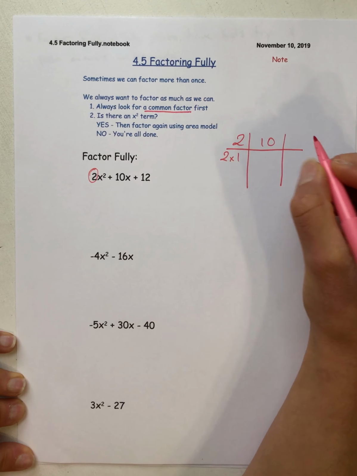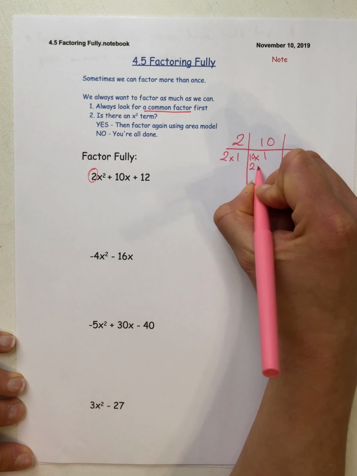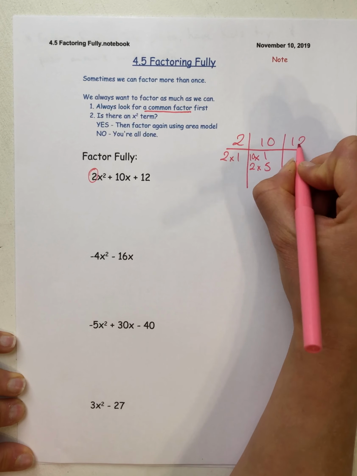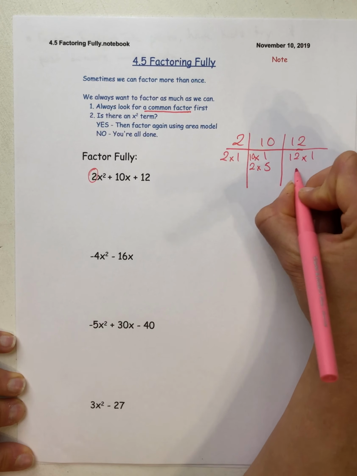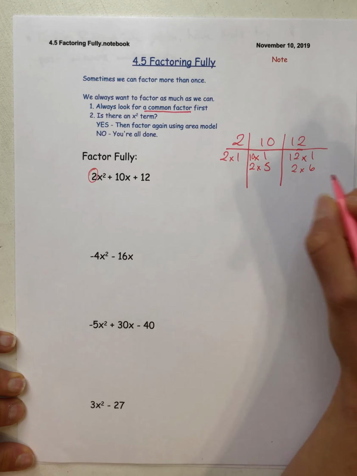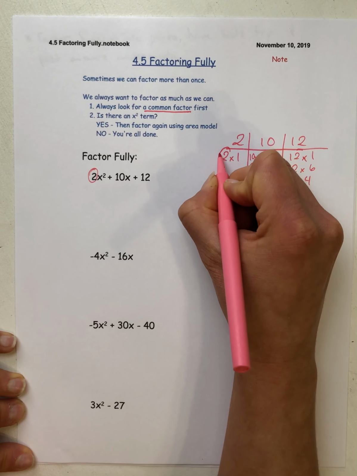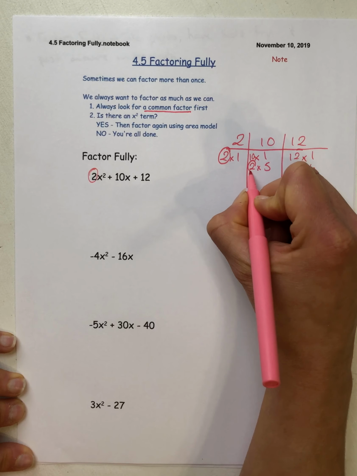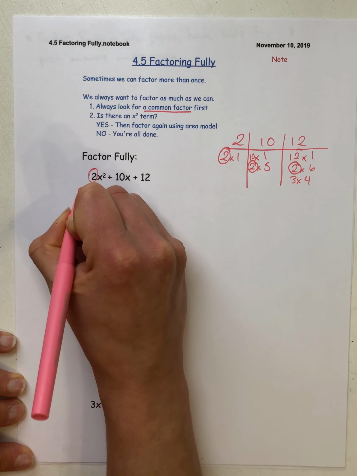What can I multiply together to give me 10? 10 times 1 and 2 times 5. What can I multiply together to give me 12? 12 times 1, 2 times 6, 3 times 4. And the same thing in each of these is a 2. So we can pull a 2 out front.